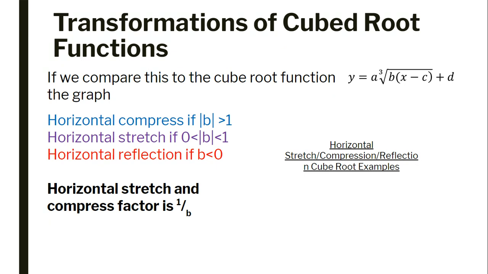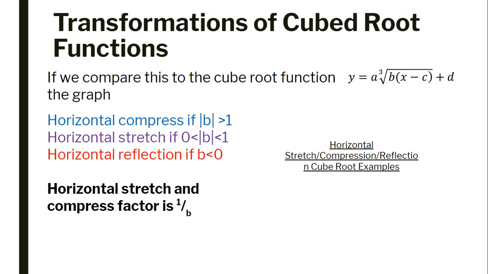Now, if we do a horizontal stretch or compression or reflection, then the rules are exactly the same as they were for the square root parent function. If b is greater than 1, it's a horizontal compression by 1 over b.